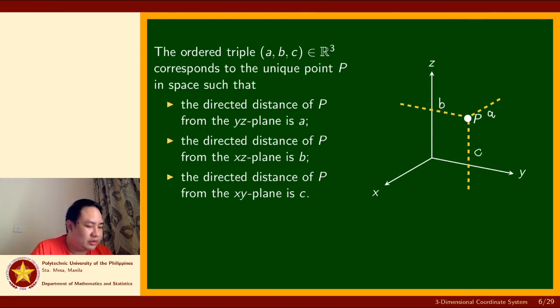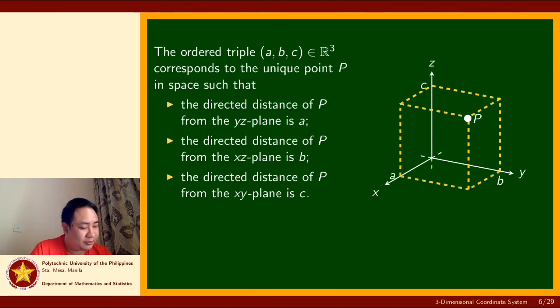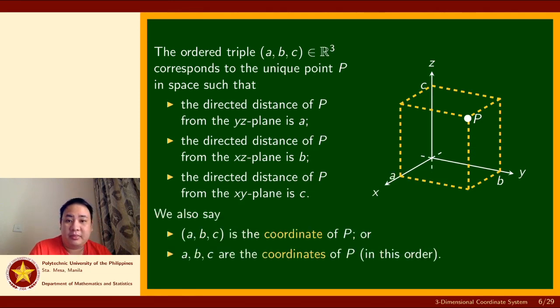So the ordered triple (a, b, c) will be represented by P. As you can see, you can draw a rectangular box so that the line segment over here is congruent to the line segment over here. So if this is a units, this should be a units. That's why this should be the x coordinate a. Similarly, this should be the y coordinate b, and this should be the z coordinate c.